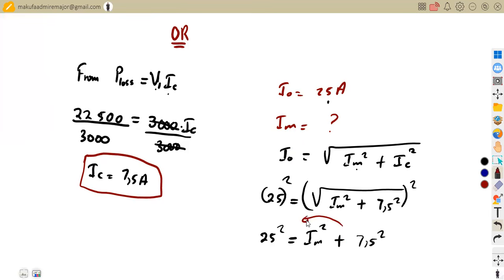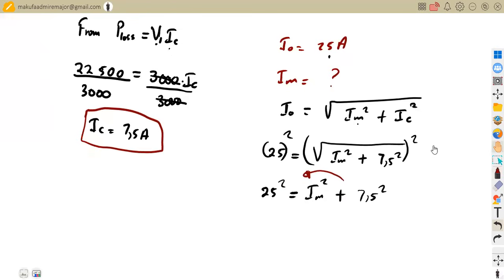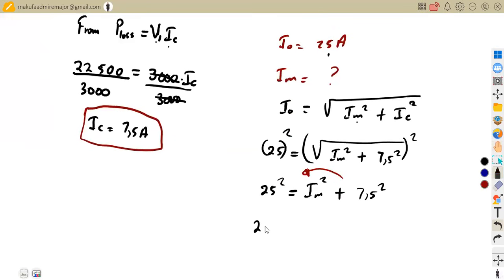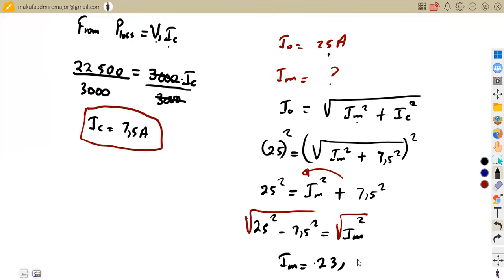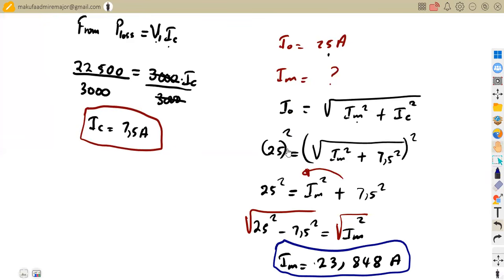Transpose this to the other side so that it becomes negative, so 25 squared minus 7.5 squared equals IM squared. In order to remain with IM, we introduce the square root. So our magnetizing current is the square root of 25 squared minus 7.5 squared, which in this case was 23.848 amps.